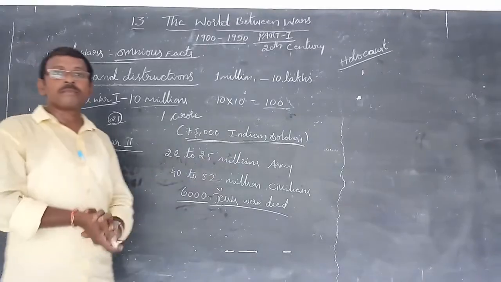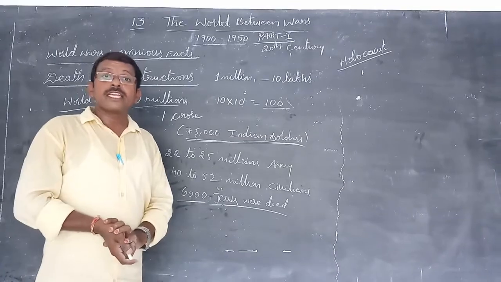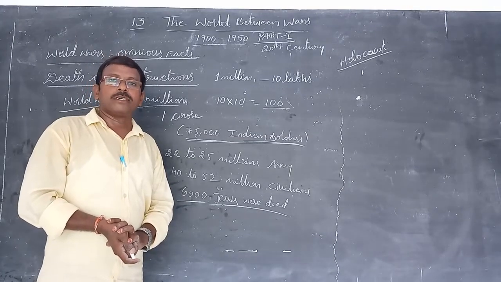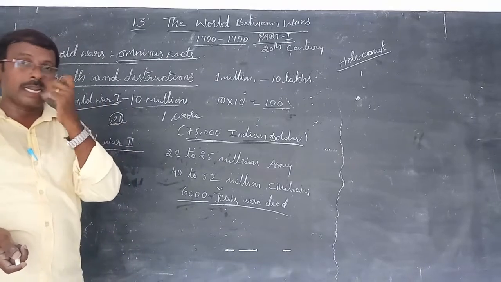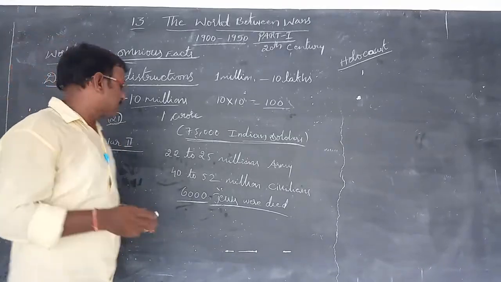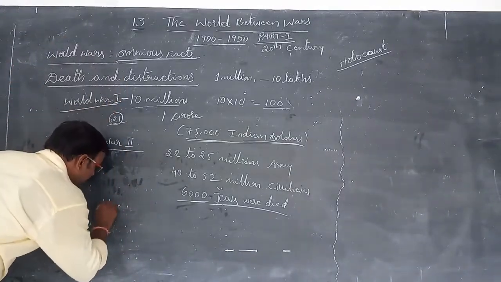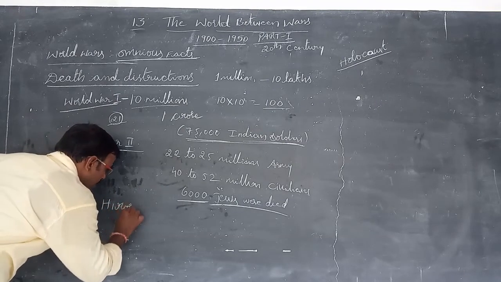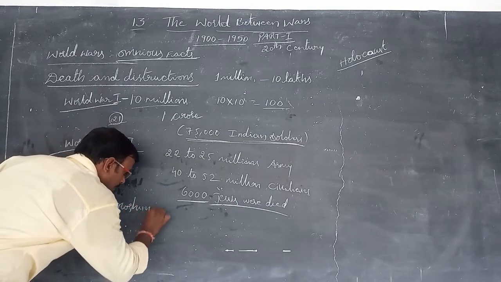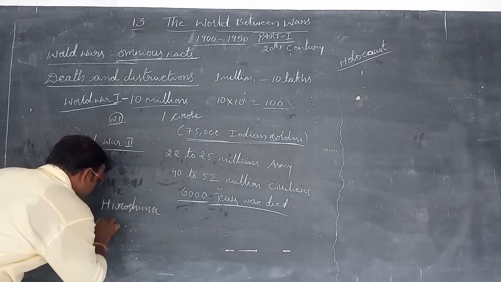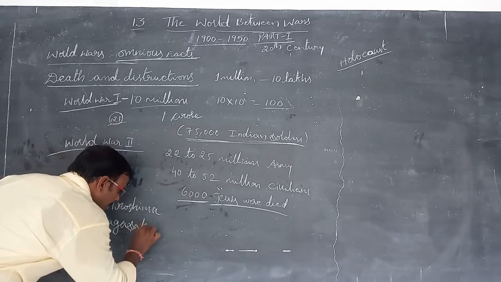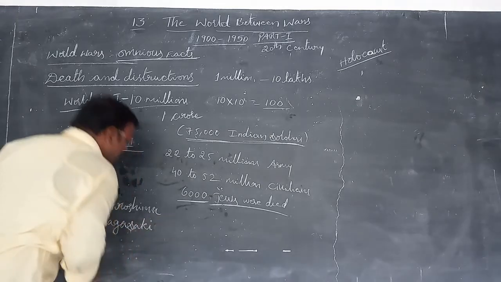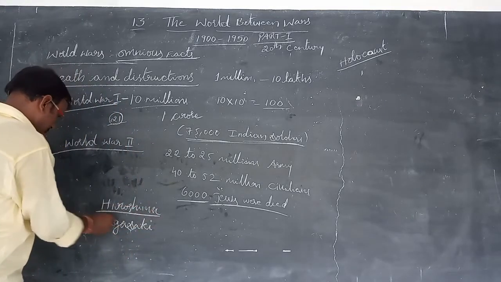Not only this one. The USA threw atom bombs on 2 places in Japan. Those are Hiroshima and Nagasaki. These are the 2 places in Japan.